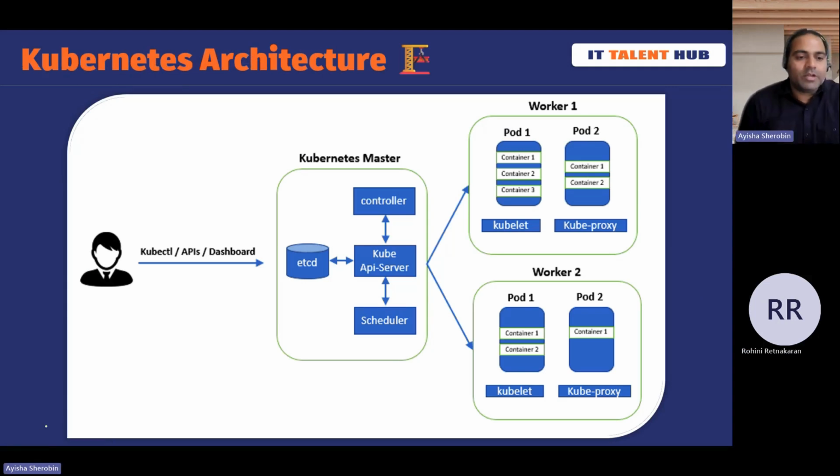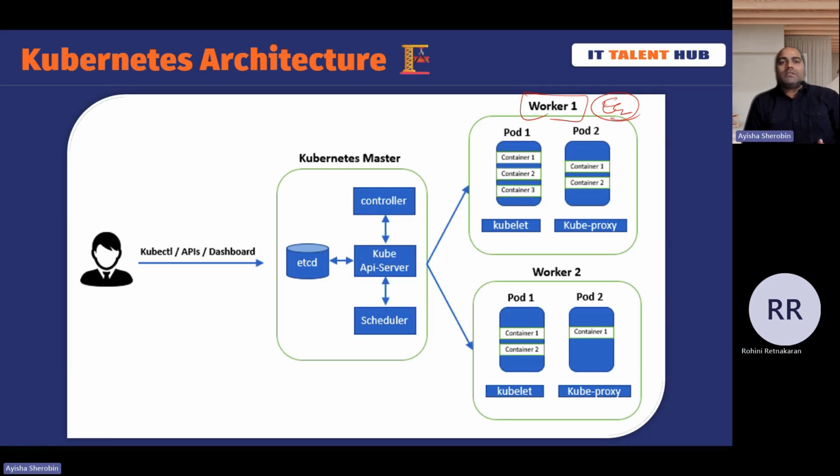Now it is very important to understand the Kubernetes architecture, which is going to help us understand how Kubernetes actually works. As of now, we have created one EC2 instance, installed Docker on top of it, and created containers. Of course, one container, two containers, 5, 10 containers, we can easily create and manage. But we want high availability.